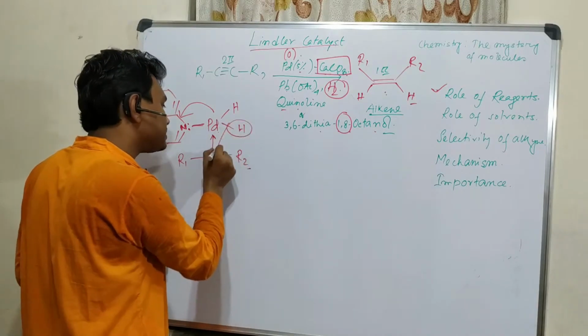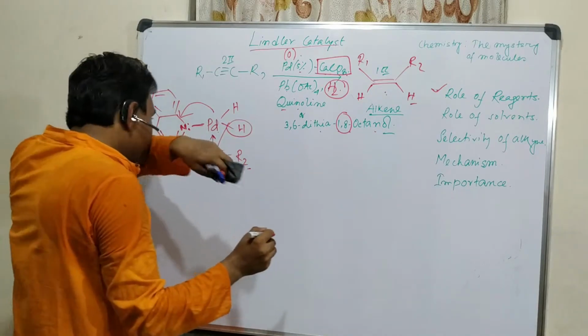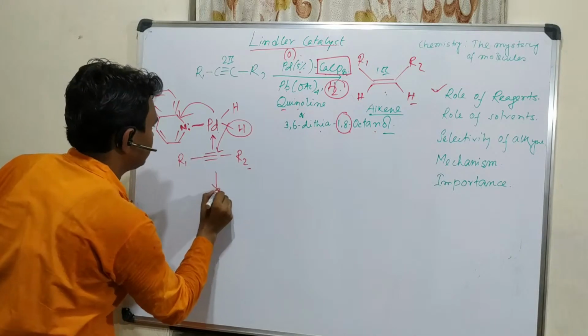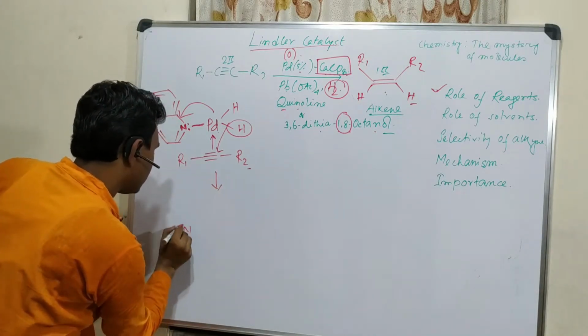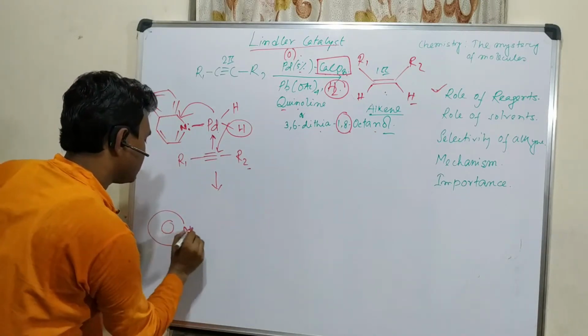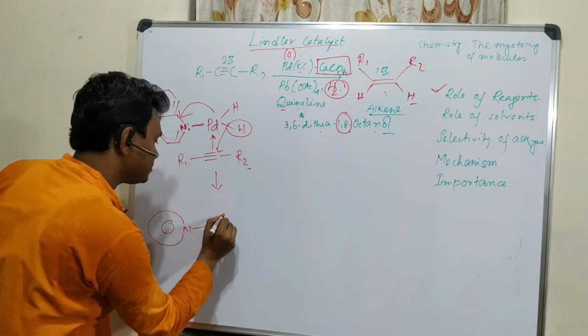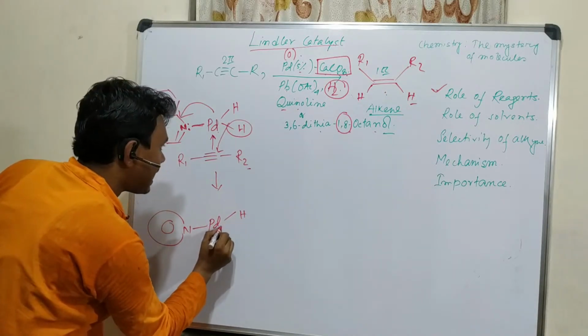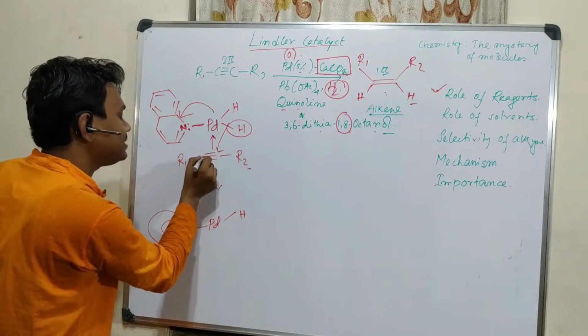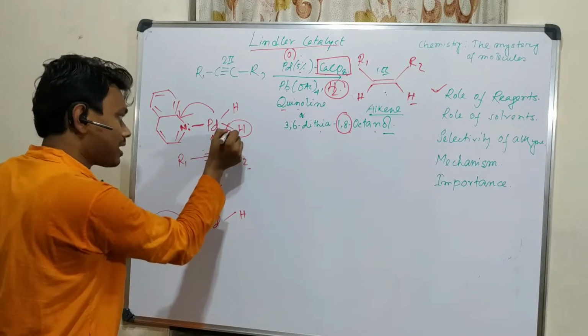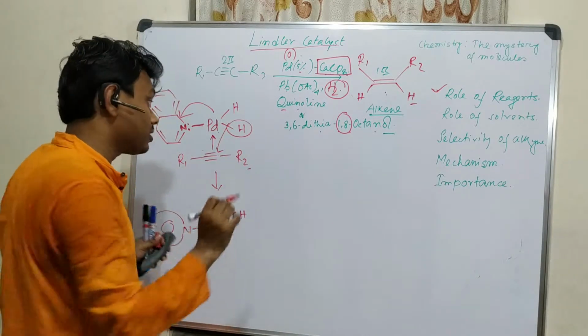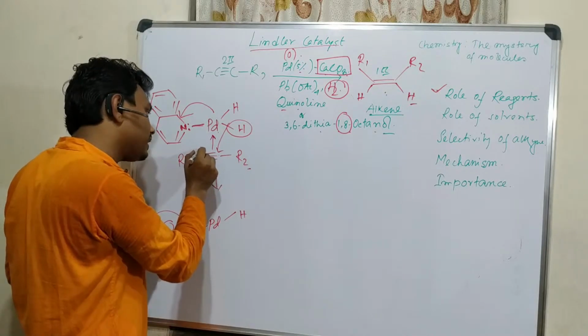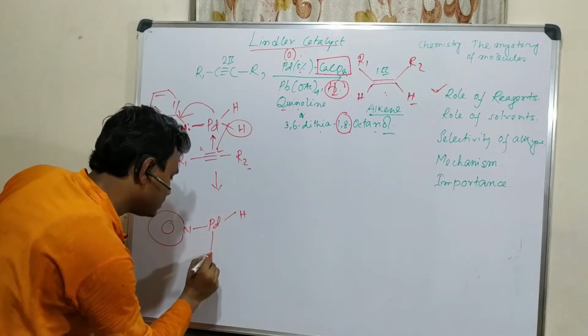This hydrogen migrates here. Okay? Migratory insertion. So I'll draw it in this way. So this is palladium, one hydrogen is there, and if hydrogen migrates here, this center will be negative, because actually hydride is migrating, not a proton. So this will be negative, so this will bind to the palladium.